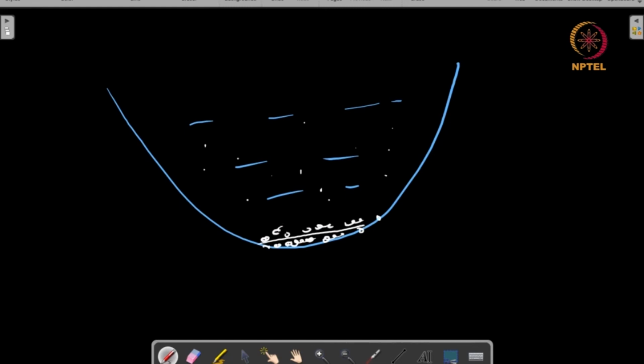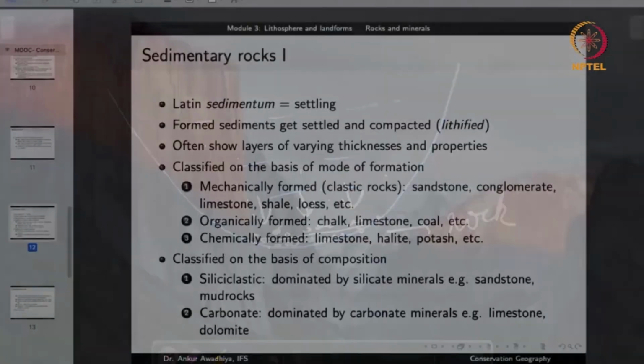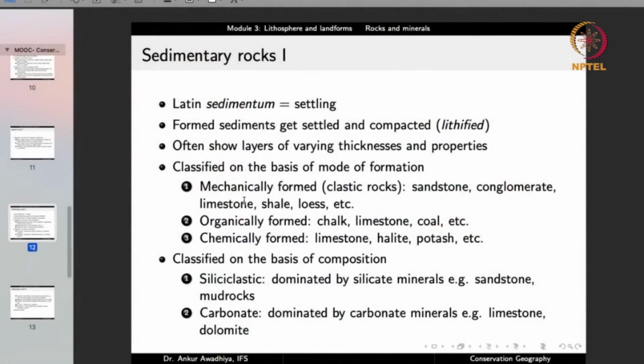Now in this case, these salts are getting deposited because of a chemical reaction, and once they are deposited, next we will also be having the impact of the pressure, and this will result in the formation of a rock. So in this case, we can also have chemically formed sedimentary rocks that involve certain chemical reactions for their formation.